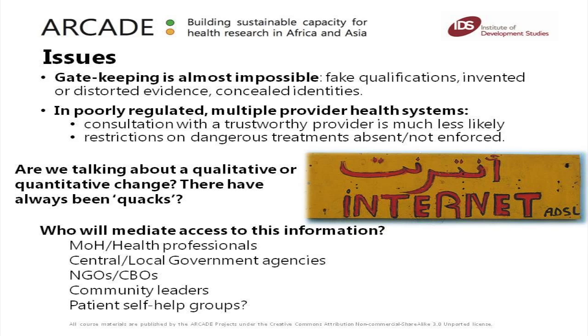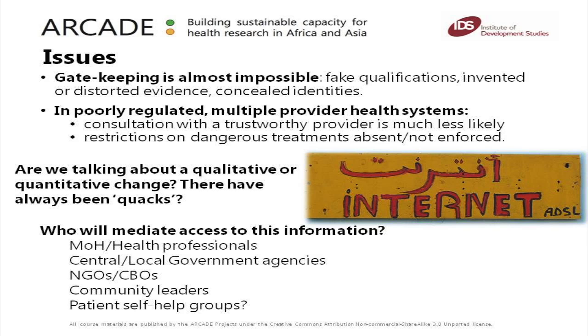I think the extent of the change with the arrival of the internet is so great that we can think of it as a qualitative change in the way in which health advice is provided and the way in which health knowledge flows. It's on such a scale that I think we're not simply talking about an incremental process. We're thinking about a radical step change in the way things are happening. And that raises very difficult questions about who will mediate access to all this information.